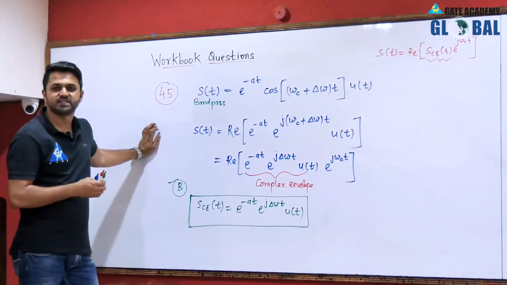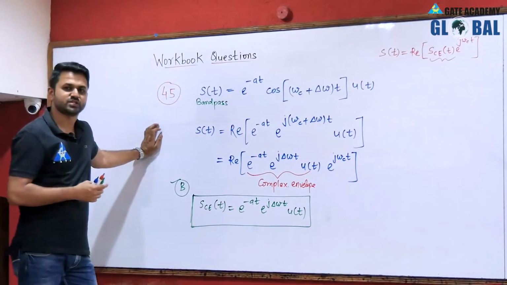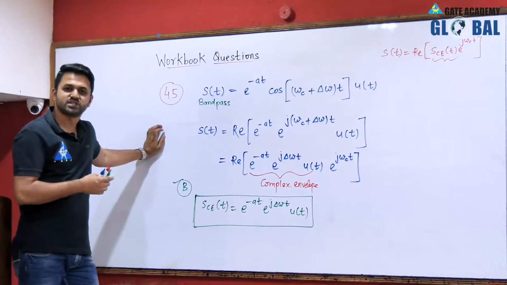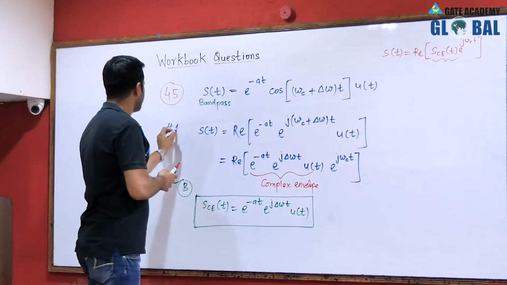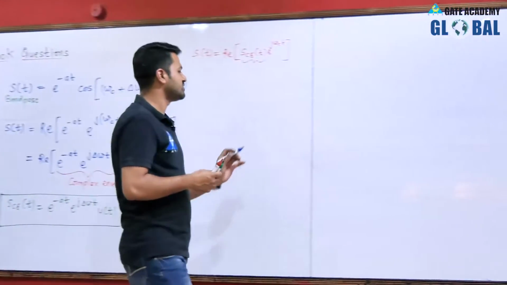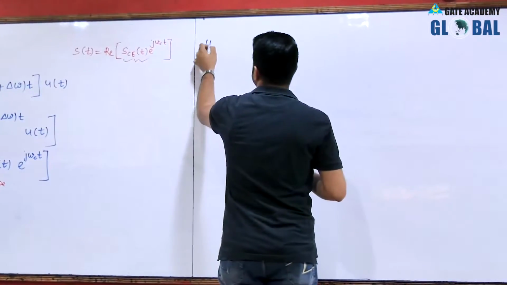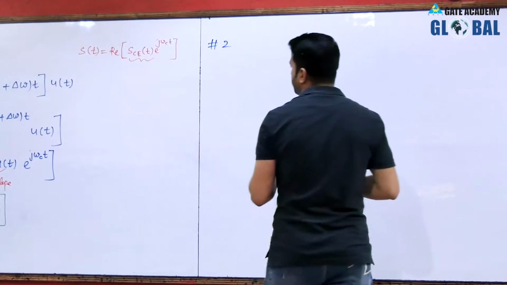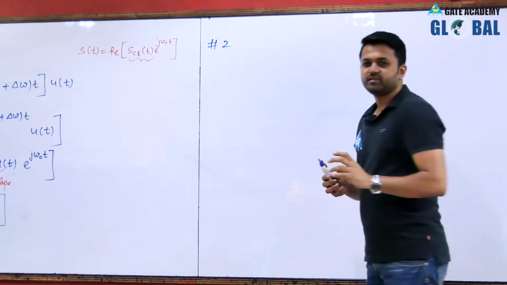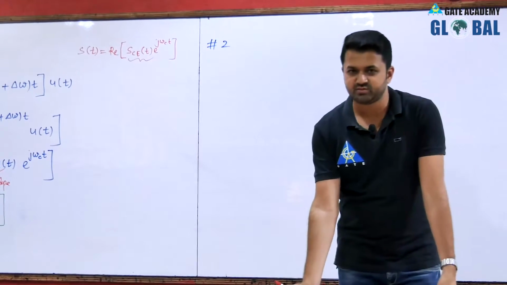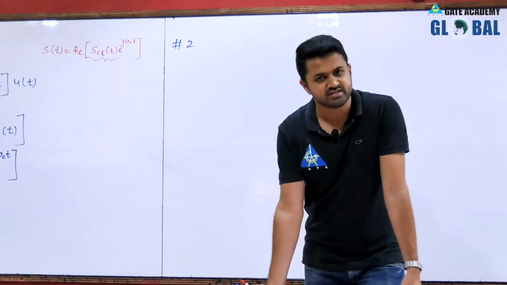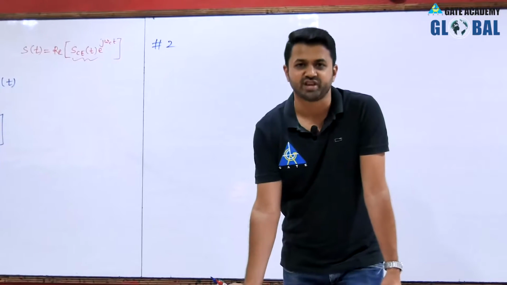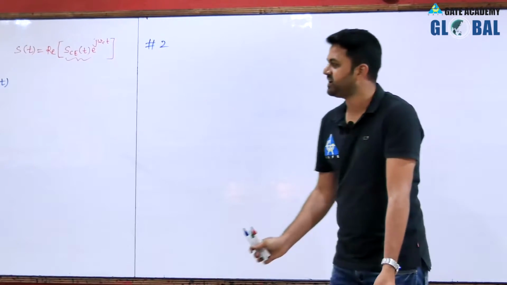Now this is one method. We have defined the complex envelope by another method also, so let's try to solve this question by that method. To do that, we have to represent this band pass signal in another form, that is, in the form of in-phase component and quadrature component.